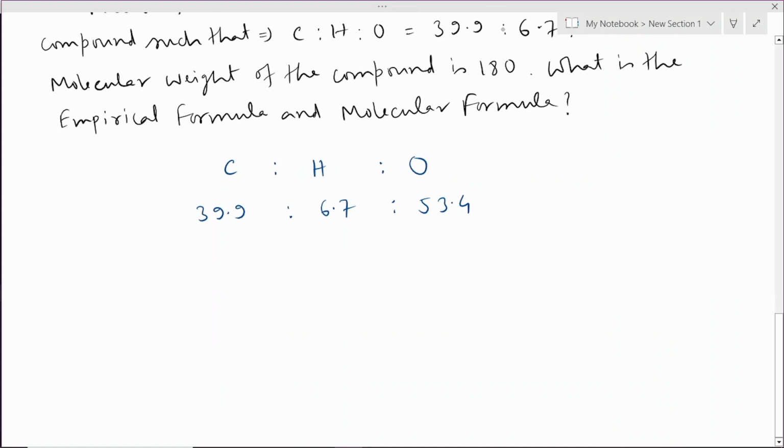First, we divide this percentage composition individually by the atomic mass of the elements. So in step 1, 39.9 upon 12, as the atomic mass of carbon is 12, is to 6.7 upon 1 is to 53.4 upon 16.